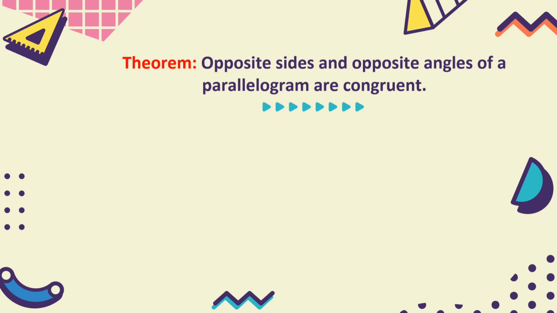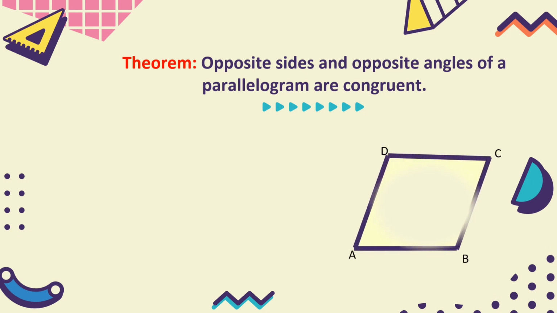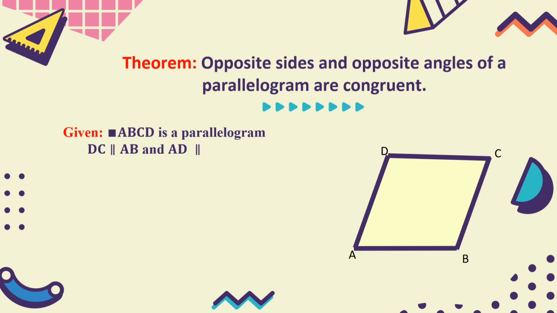Now let us prove that opposite sides and opposite angles of a parallelogram are congruent. We have taken a figure. Given: quadrilateral ABCD is a parallelogram. If it is a parallelogram, then DC will be parallel to AB and AD will be parallel to BC.